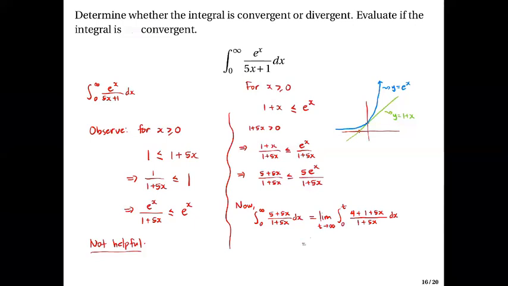So we have the limit as t approaches plus infinity, integral from 0 to t. I'll separate the 4: we will have 4 over 1 plus 5x dx, and then plus the integral from 0 to t of dx.